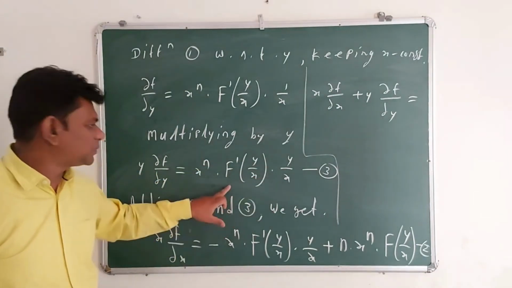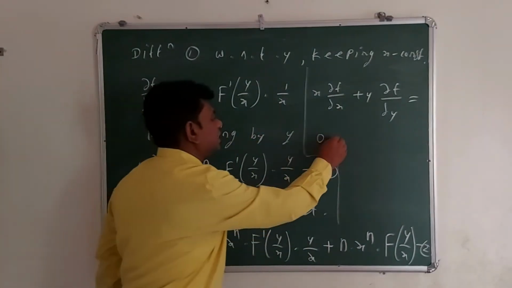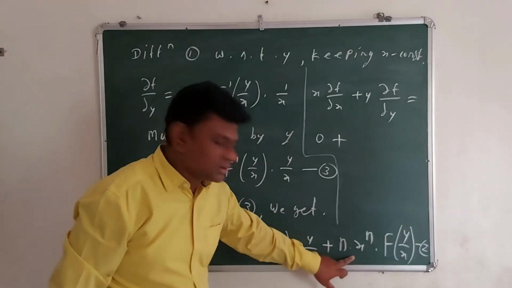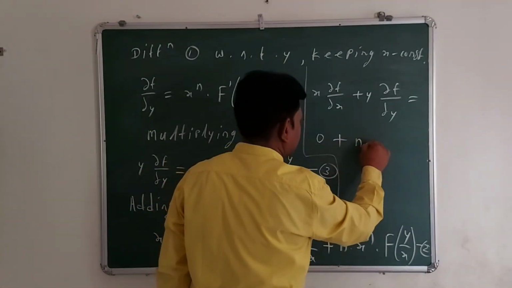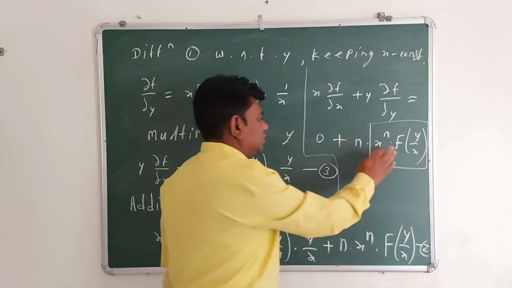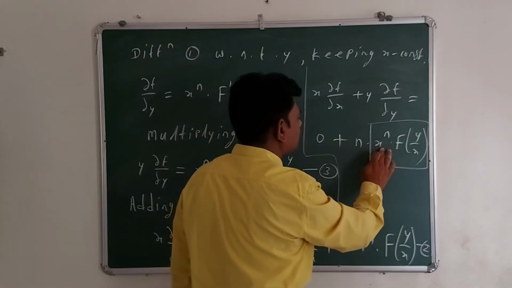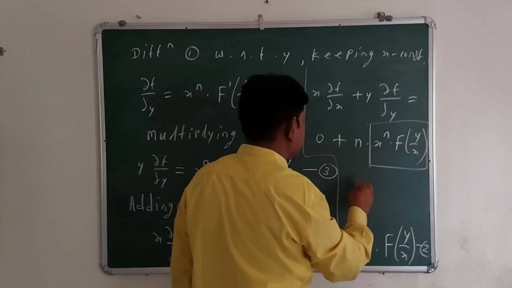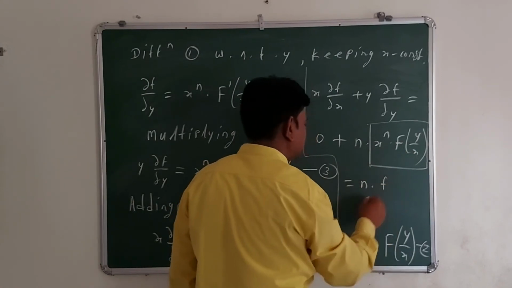So this minus and plus get cancelled, the answer is 0, plus the last term, n times x to the power n times f of y by x. Now according to equation 1, x to the power n times f of y by x is f of x, y, or simply f.